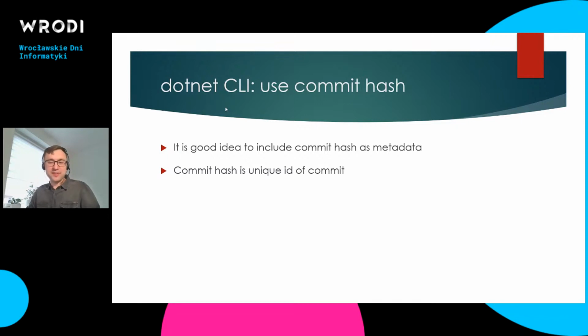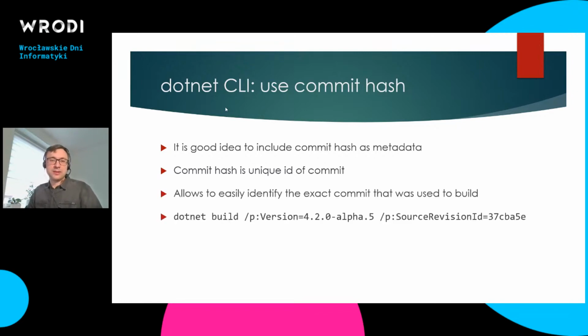So if you have this number, you can say that this build was made using this commit. You can identify it one-to-one super easily. So in case of any issues, you know where to investigate, where to start from. And yes, for the .NET CLI, you just pass it using the source revision ID.